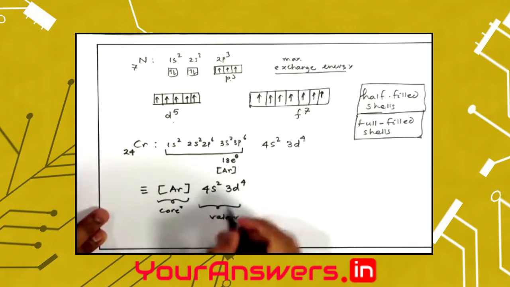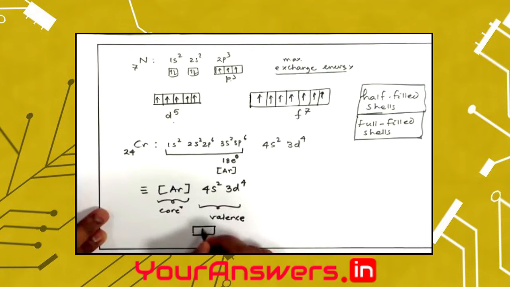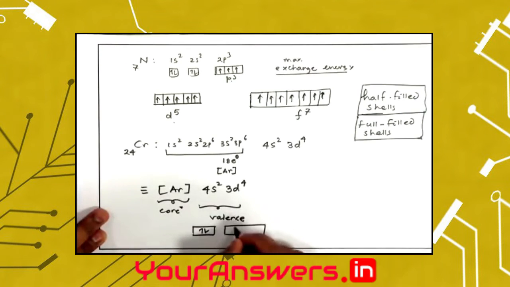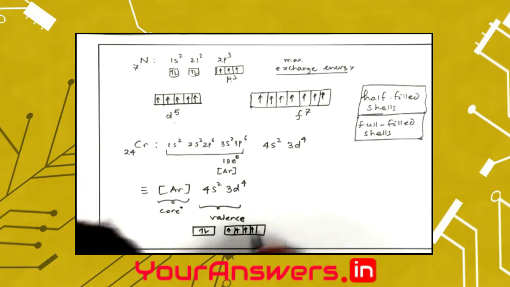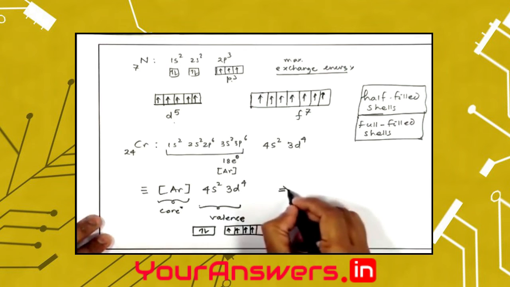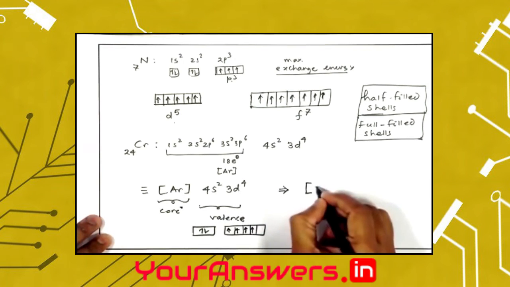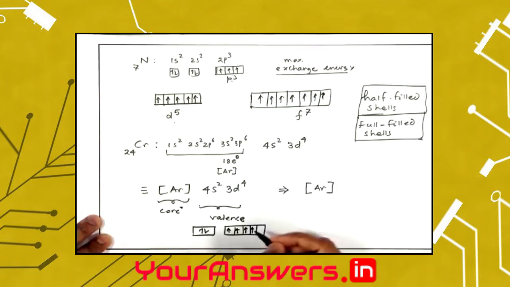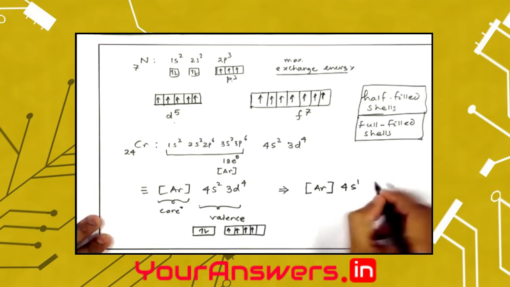But look at this situation. If I draw the orbital diagram, this is 4s and this is 3d. I have 4 electrons, so I am filling them up. I see that this is just one less than the d5 situation. But I know that d5 is very stable. This is exactly what happens. Chromium finds a more stable configuration, which is this.